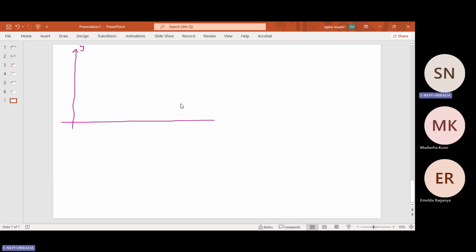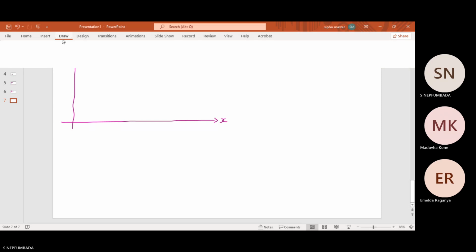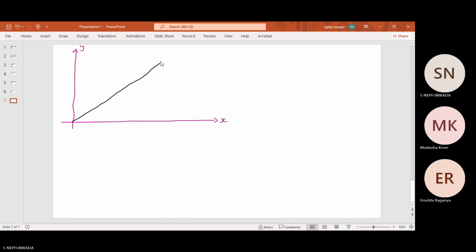This is our y, this is our x. So we're saying this is perpendicular, and here we've got a theta, here is our 0, and here is our r.